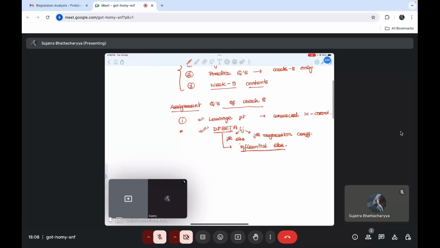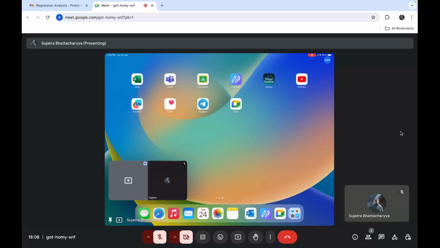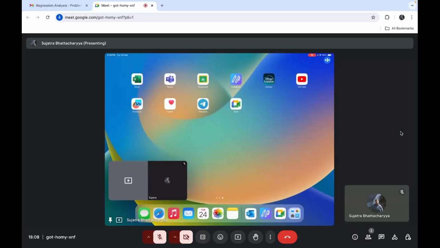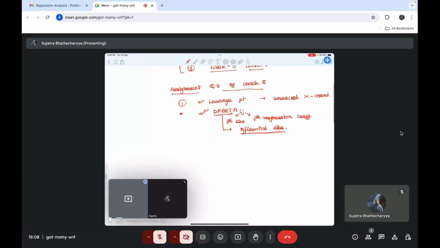Okay. The next one is Cook's distance, right? Cook's distance is also useful to identify a leverage point. We have seen this.